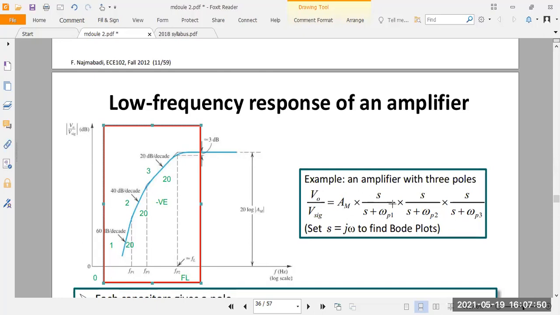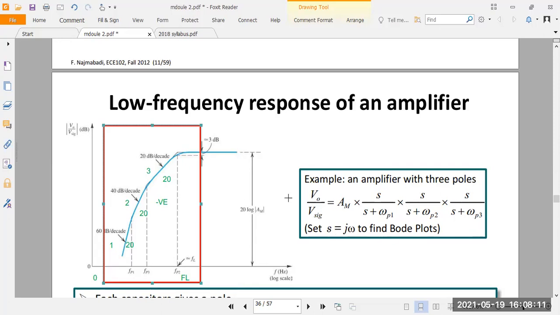So for the single pole you take S divided by S plus omega P1. The same for the second stage, S divided by S plus omega P2, and the third stage, S divided by S plus omega P3. Here S is nothing but j omega. Understood? This is for the Bode plot.